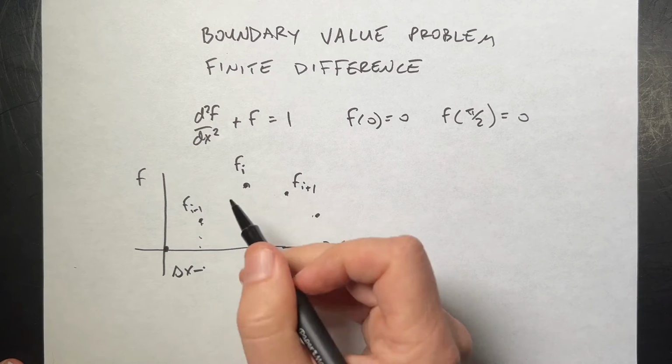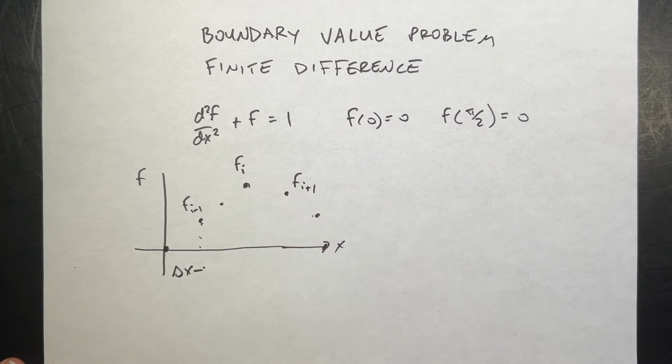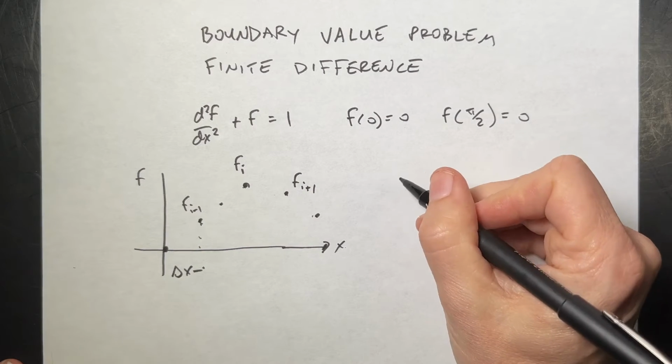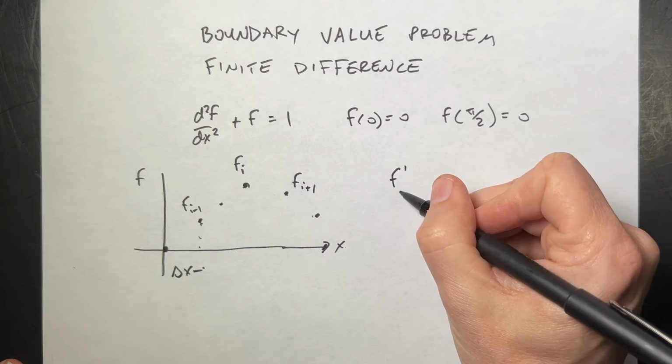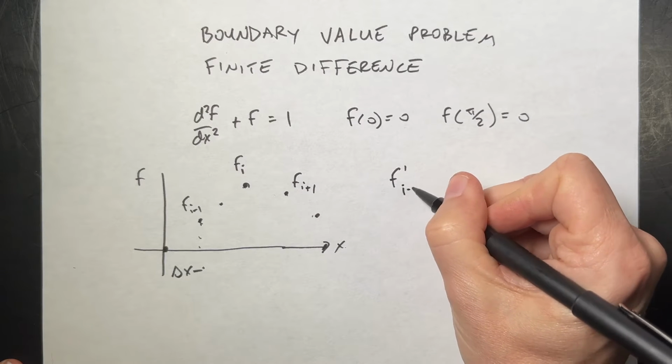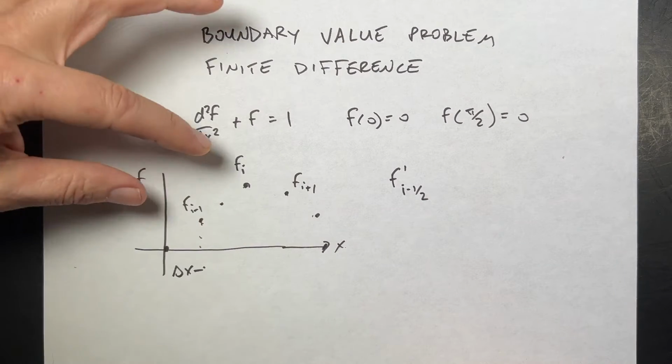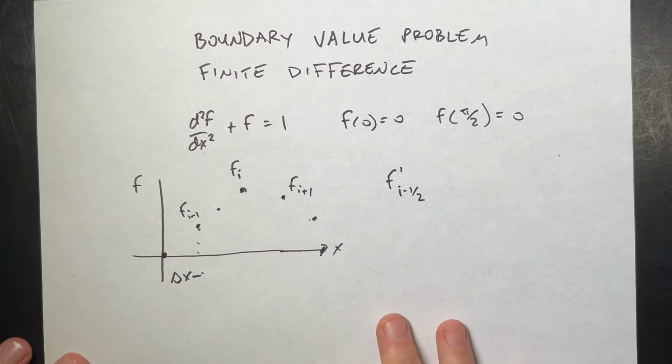Let me find the slope right here at the halfway point. I can write this as f prime of i minus 1/2. I know that's dumb, but that's what it is. The derivative is just the slope between those two points.